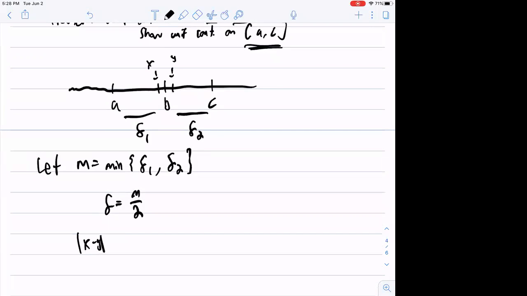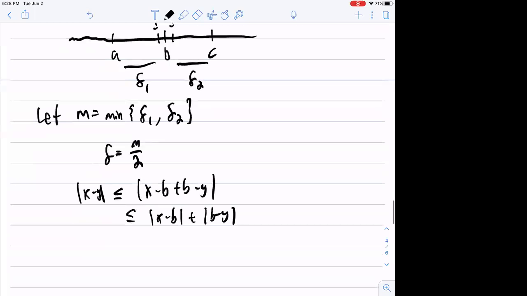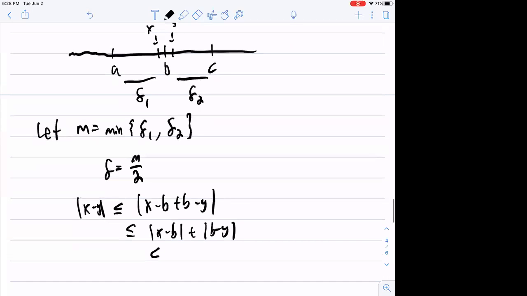Then |x minus y| is less than or equal to |x minus b| plus |b minus y|, right? Now this thing is less than what? Delta is less than m over 2, right?